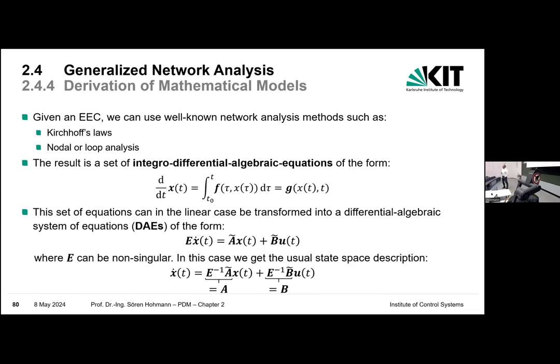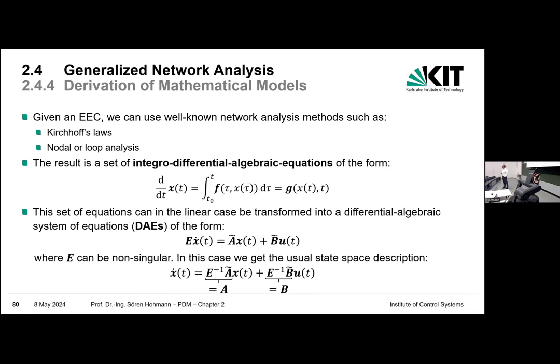What did you do in linear electric network analysis to find out the differential equations? We do the very same thing. So if I have integrals, what can I do to come to differential equations? It is that simple.